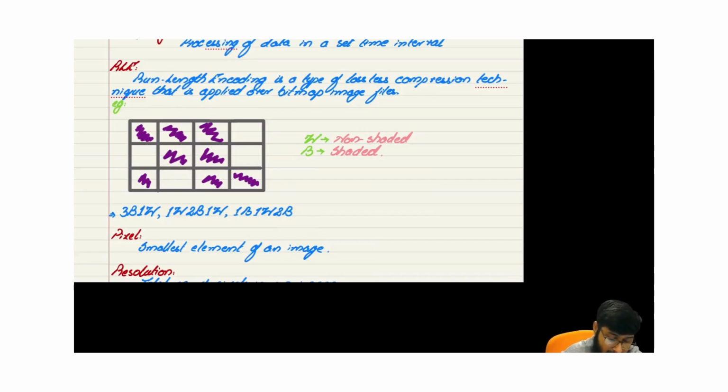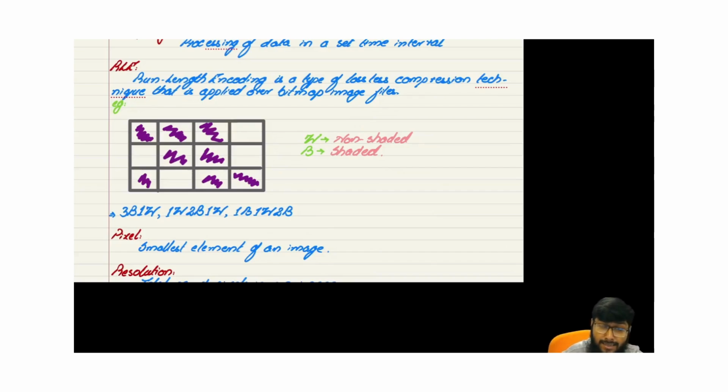Consider that this is an image right at the moment. These are the pixels, 4 pixels in each row and 3 pixels in each column. Out of these 4 pixels in the first row, 3 of them are shaded and 1 is not shaded. For the shaded part I took it as B, and for the non-shaded part I took it as W.